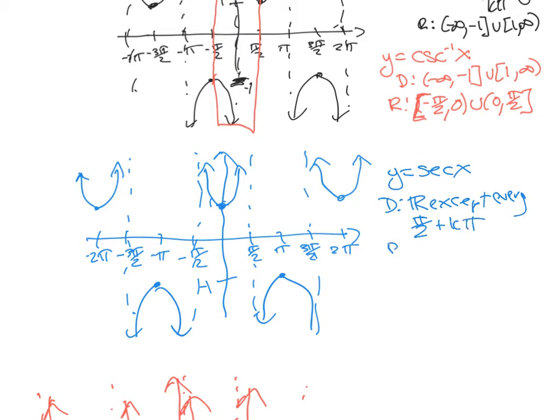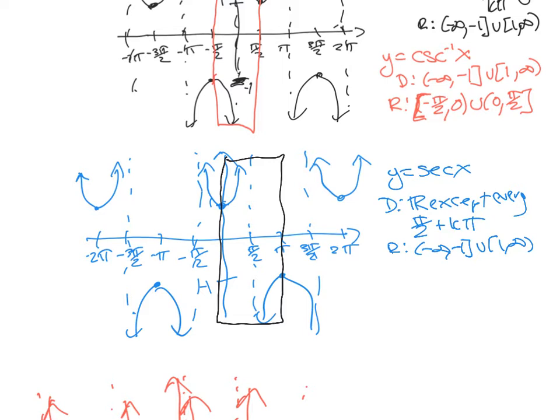And the range, same as the range of cosecant, is negative infinity to -1, union 1 to infinity. And again, we want to keep it similar to cosine, or inverse cosine rather, so we're going to restrict the domain from 0 to pi, so essentially quadrant 1 and quadrant 2 angles. And that will capture all the possible ratios.